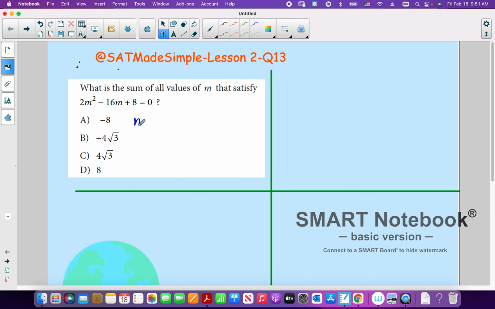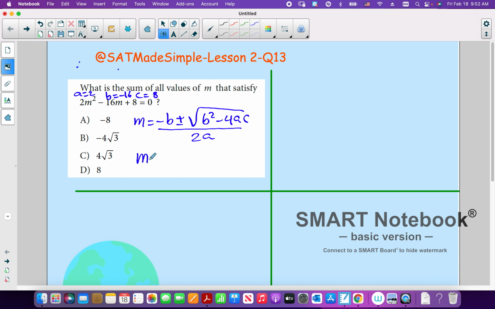So m is equal to minus b plus or minus the square root of b squared minus 4ac, over 2a. In this case, our a is equal to 2, our b is equal to minus 16, and our c is equal to 8.